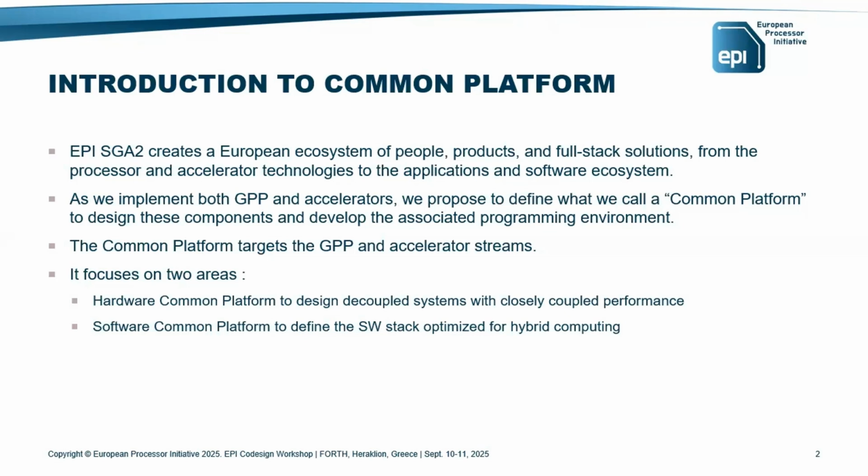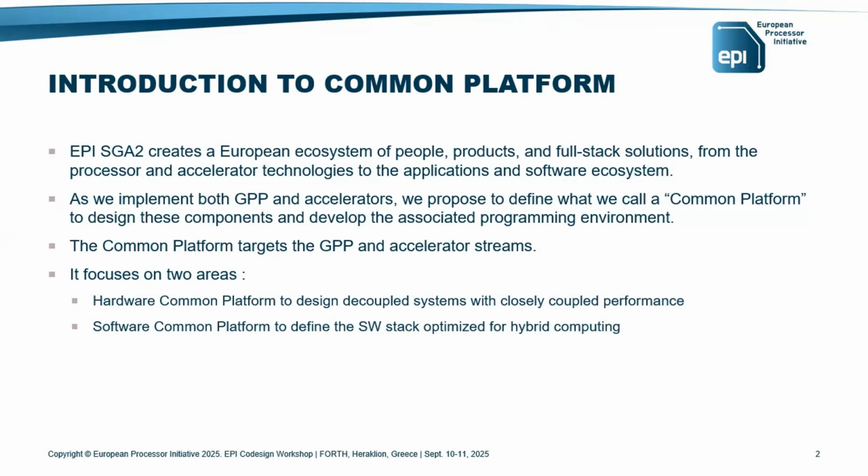And as we implement both the general purpose processor and the accelerators, we propose to define what we call a common platform to design both types of component and the associated programming environment that target both the stream for general purpose processor, but also the stream for accelerators. That's why we call that a common platform.